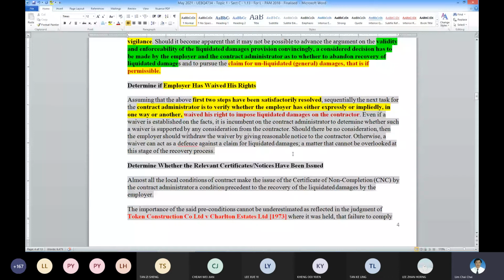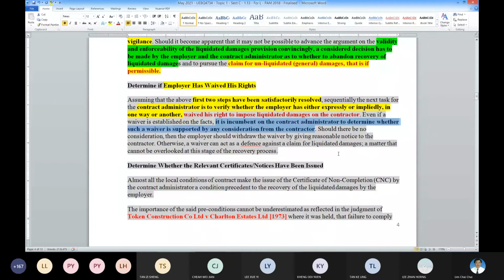So this is an important point here. It is incumbent on the CA to determine whether such a waiver is supported by any consideration from the contractor.